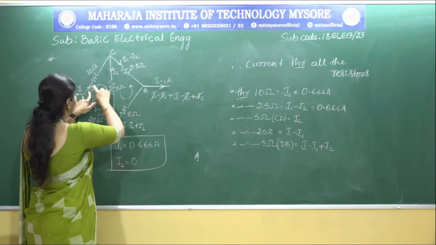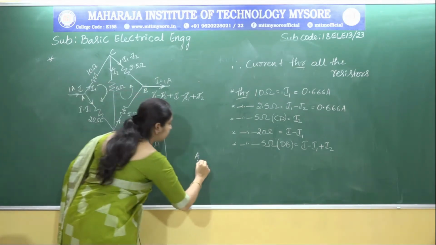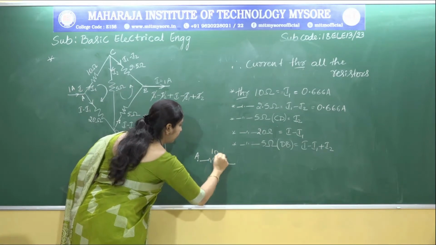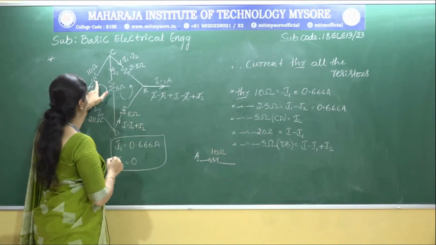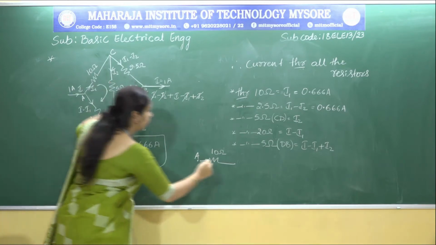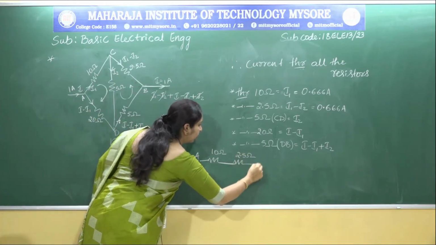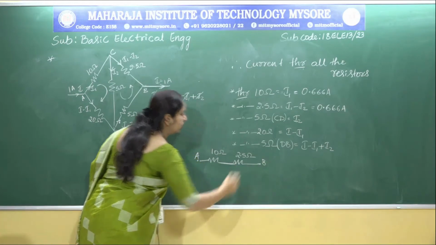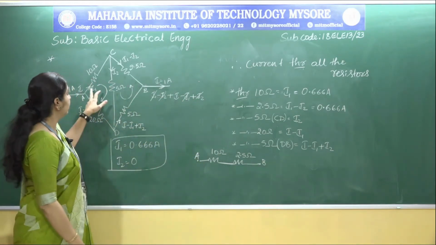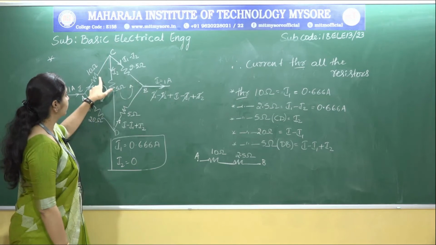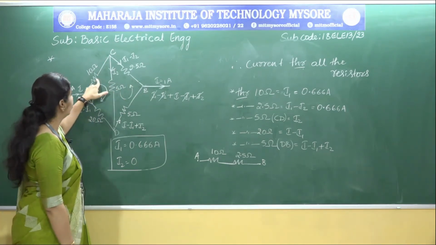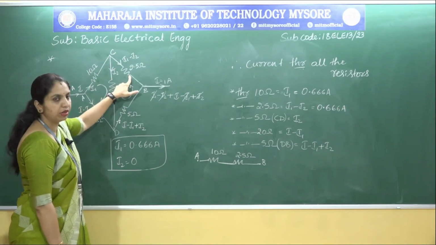Here, A to B means we have a 10 ohm resistor and a 2.5 ohm resistor. So here I have taken this path which consists of two components, 10 ohm resistor and 2.5 ohm resistor.